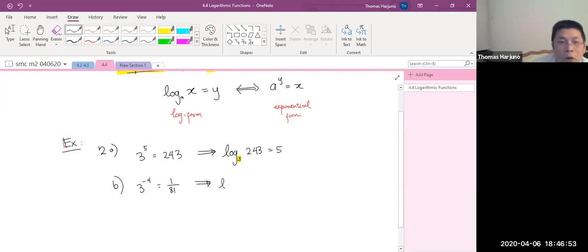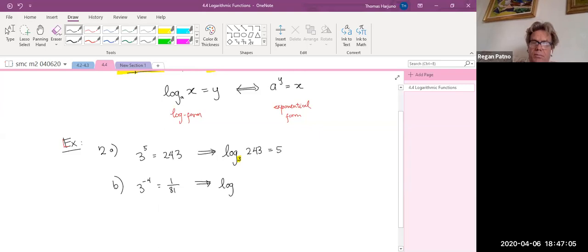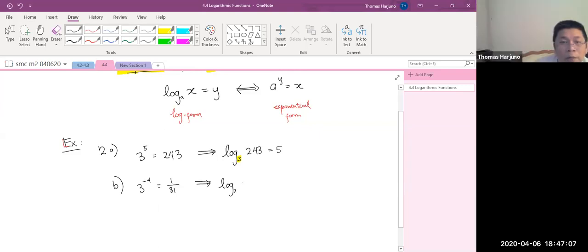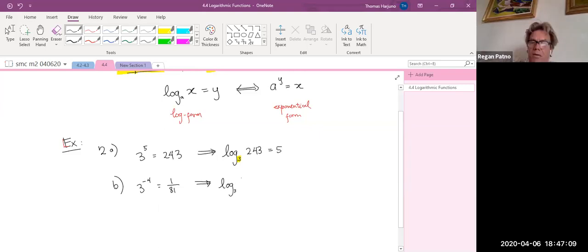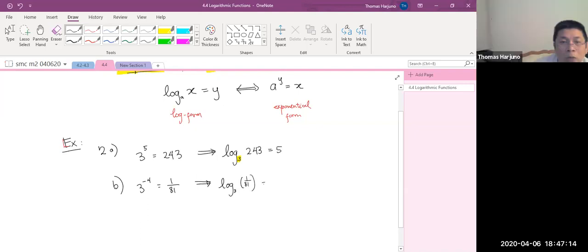It will be log base 3 of 1 over 81 equals negative 4.